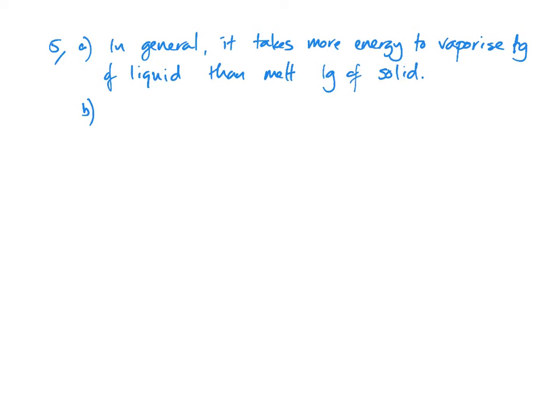And the reason, when we discussed a wee bit and watched a video about what's actually happening, is that when you turn something from a solid into a liquid, you're allowing the atoms to move around, you're weakening the bonds a bit so the atoms can move around each other, but you're not actually separating them out. Whereas when you change from a liquid to a gas, you're totally separating out the individual atoms, and that requires more energy.